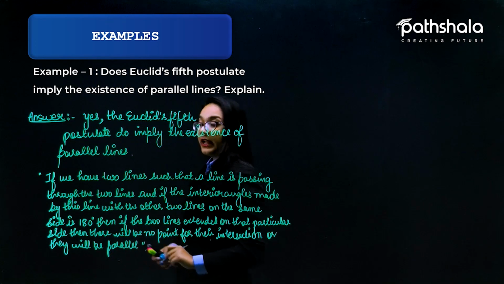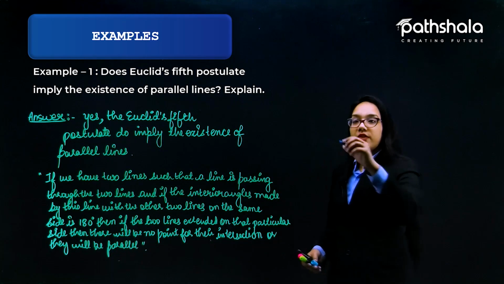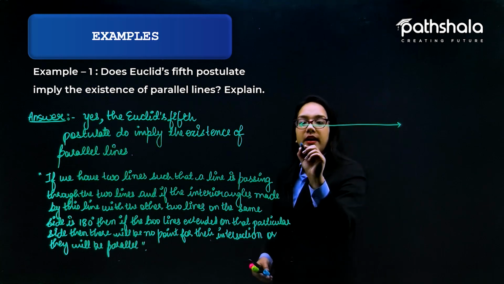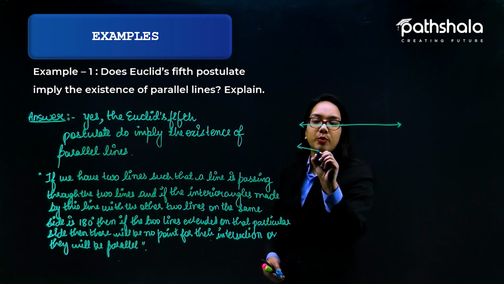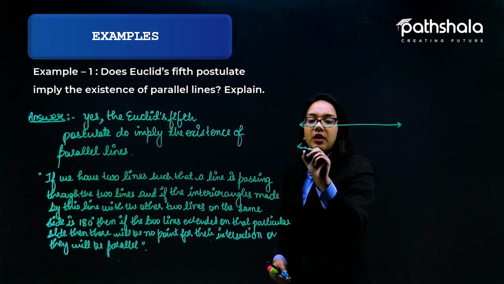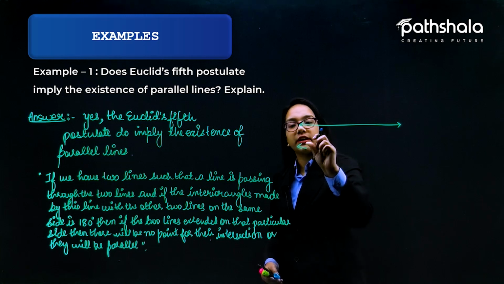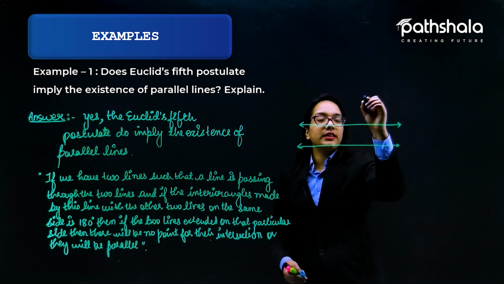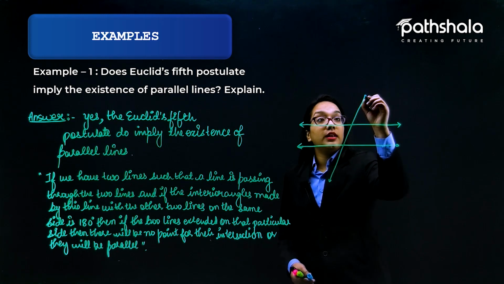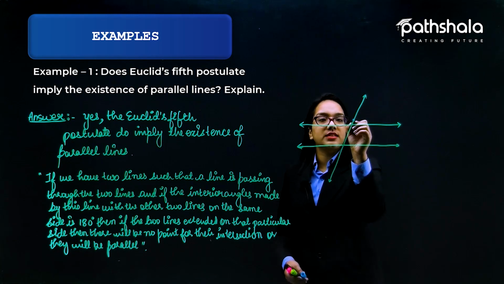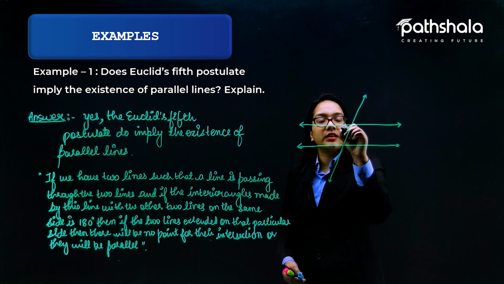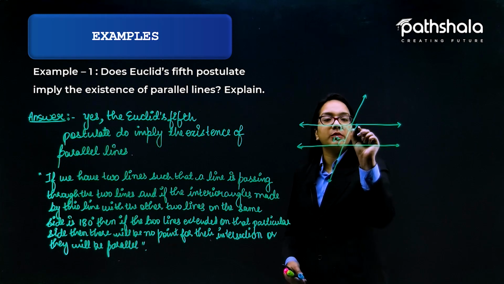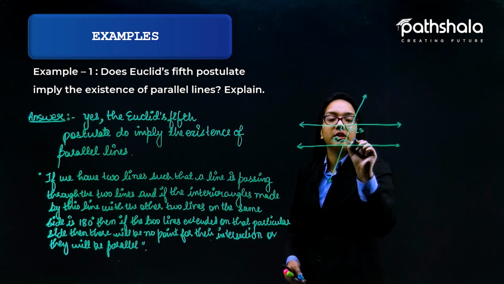What does it mean? It means that according to Euclid's fifth postulate, let us suppose we have this particular line, and this particular line. I am drawing this line in this manner, a line falling on these two lines such that their interior angles are angle 1, angle 2, angle 3, and angle 4.